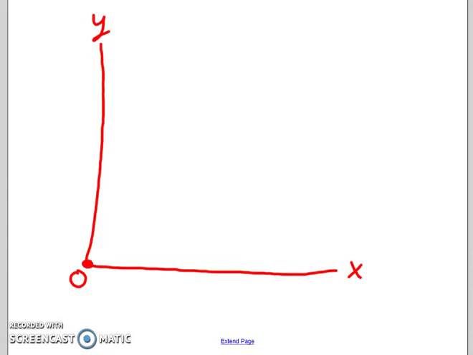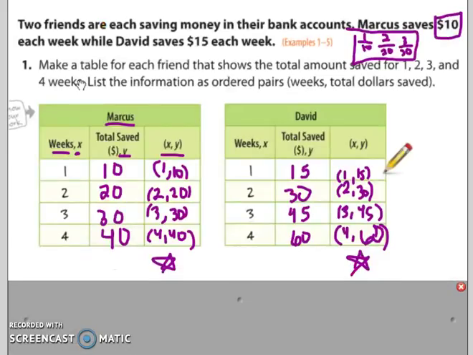Well, we're going to need titles. We need to put the independent variable along the x-axis and the dependent variable along the y-axis. So what is our independent and our dependent? Well, it kind of already tells you. Weeks is our independent variable for x, and money is our dependent variable for y.